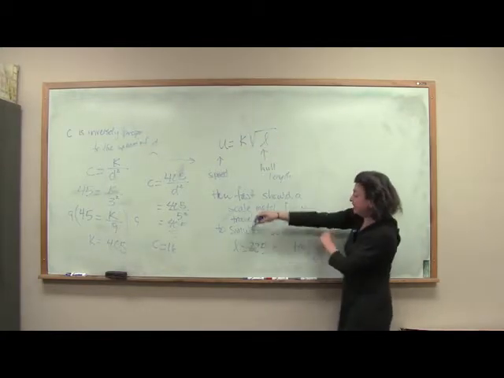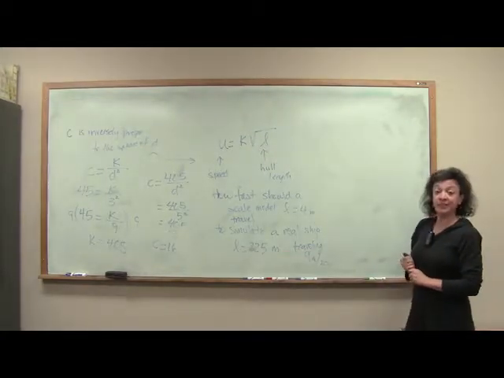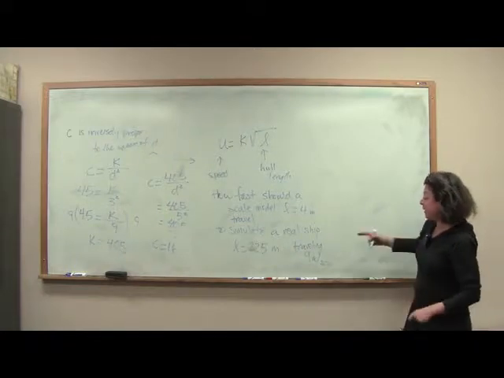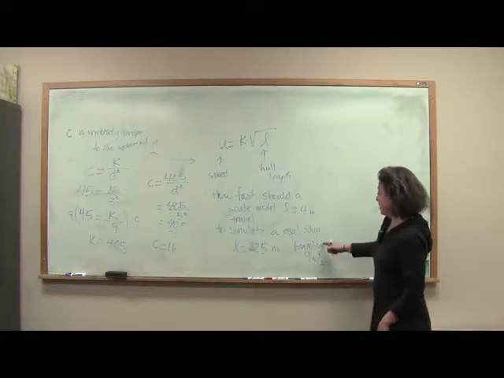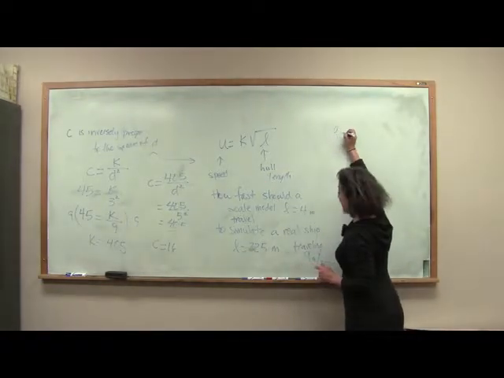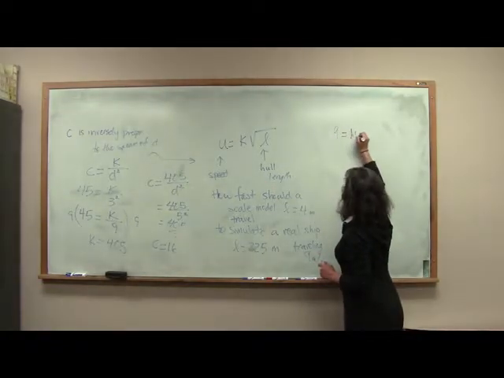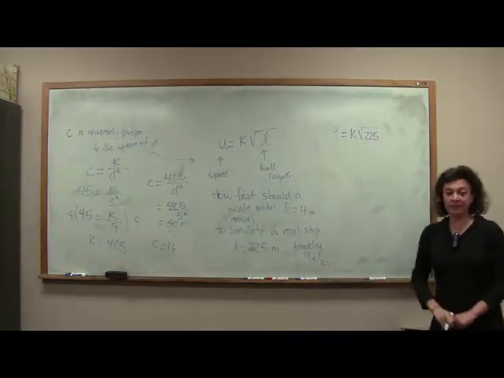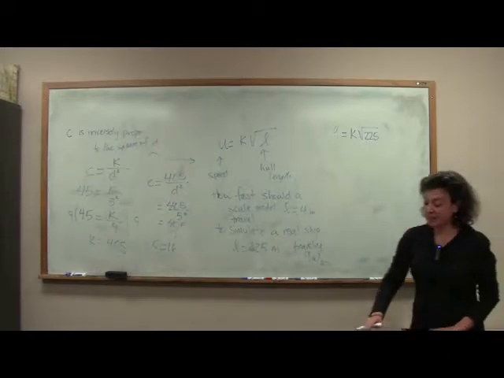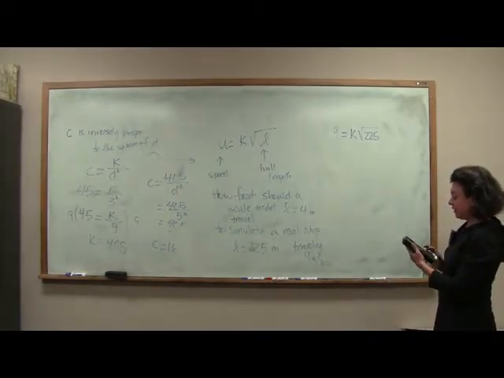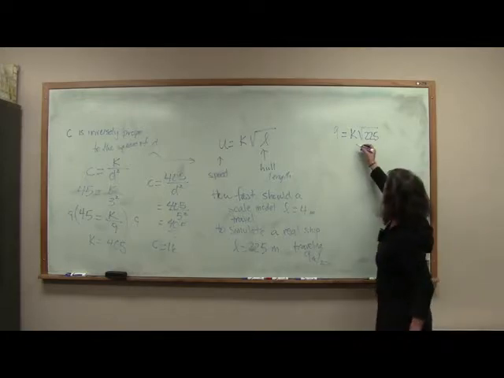Well, fortunately, we were given a piece of information that will enable us to find that. Okay, what were we given? We were given that U is 9 when L is 225. I claim this enables us to find the value of K.